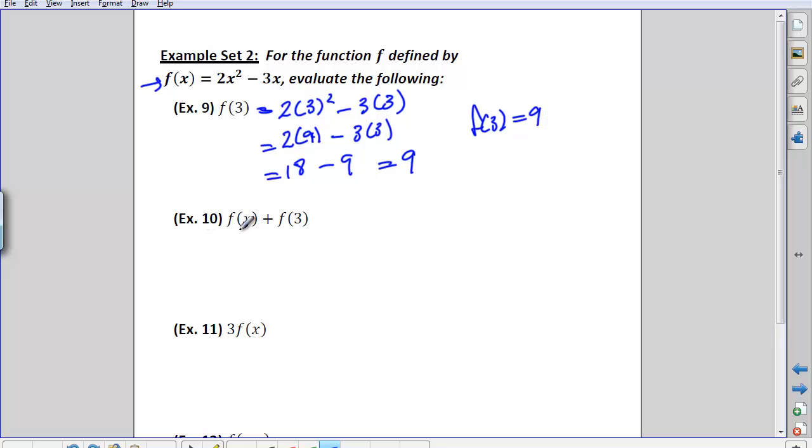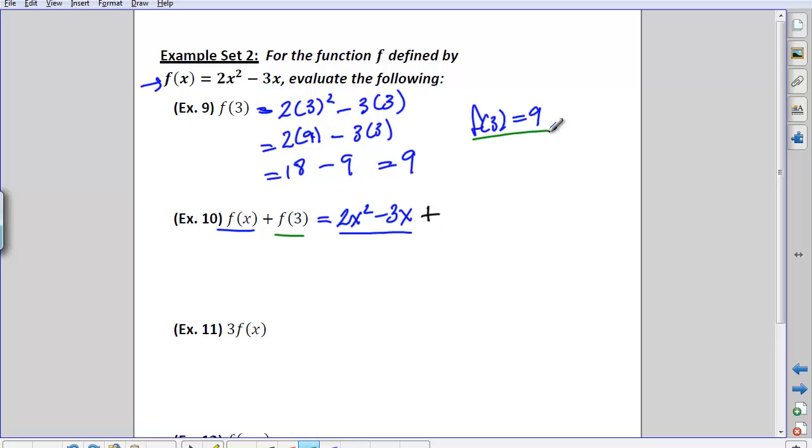Okay, example 10, what's f of x plus f of 3? So here I've got two different function notations, f of x plus f of 3. To evaluate that, well, what's f of x? Didn't we say f of x was 2x squared minus 3x? That's f of x. We're going to add to that f of 3.